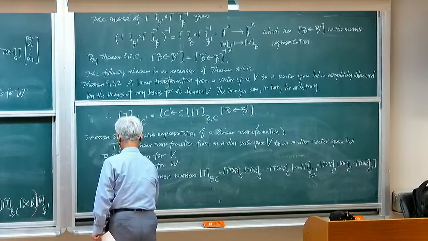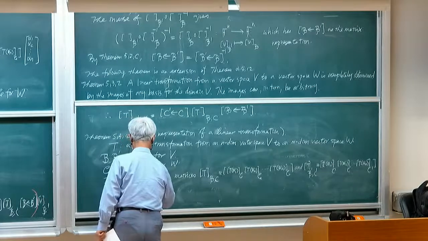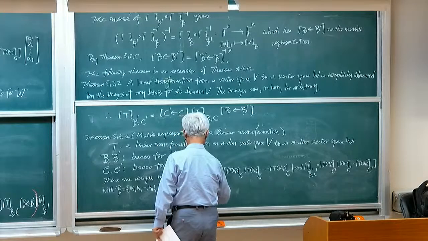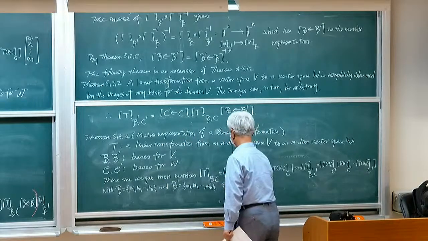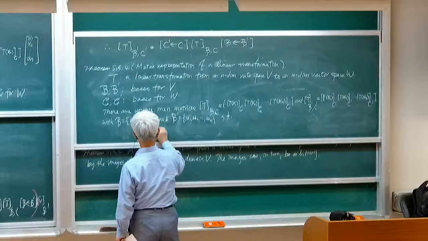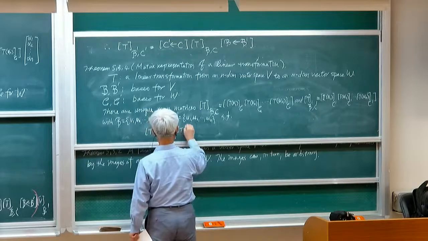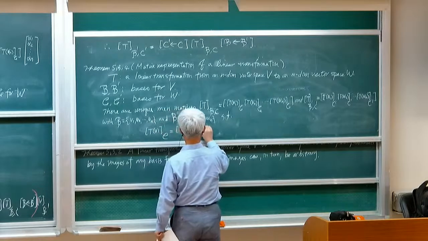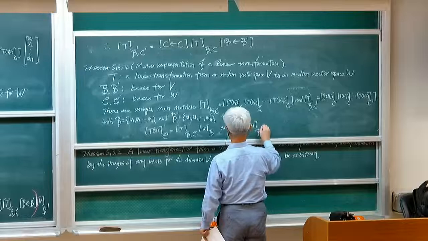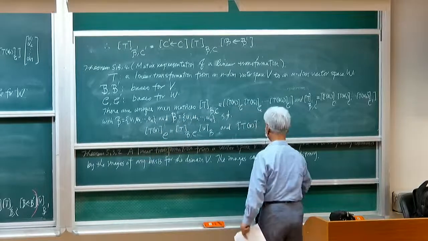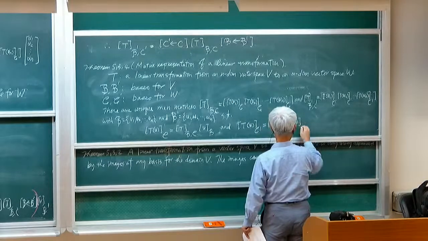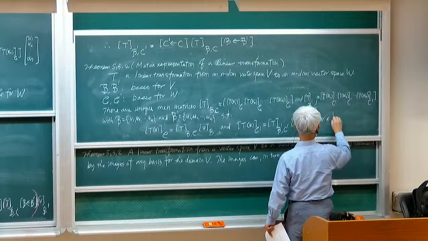B equal to V1, V2 up to Vn, and B prime equal to U1, U2 up to Un. So they are such that, okay.